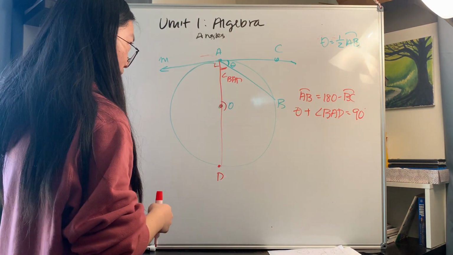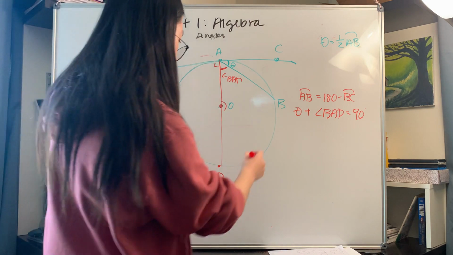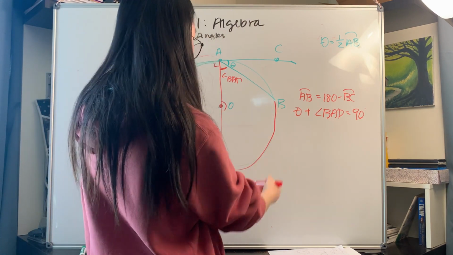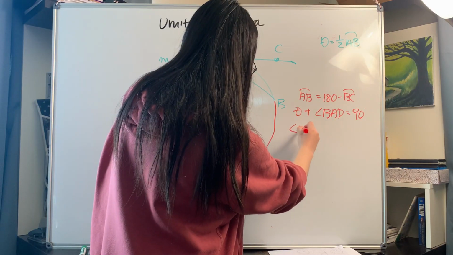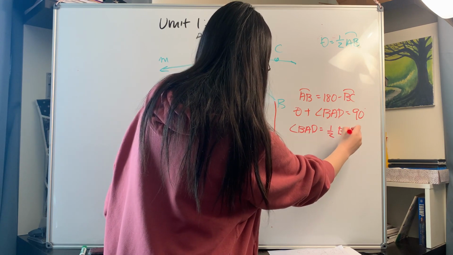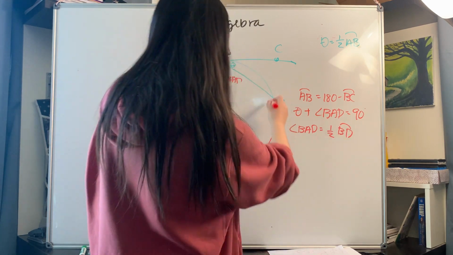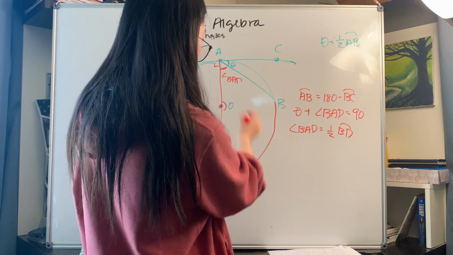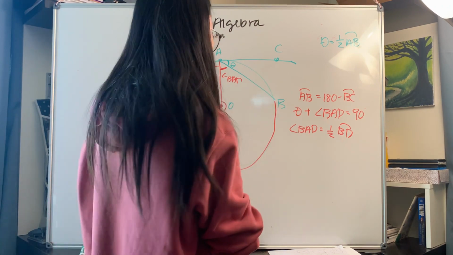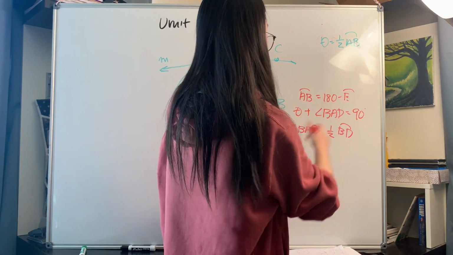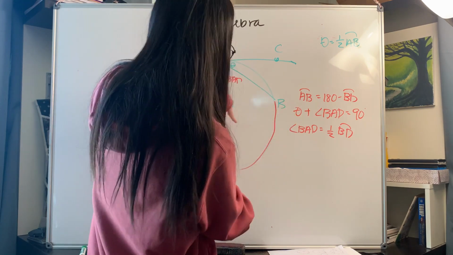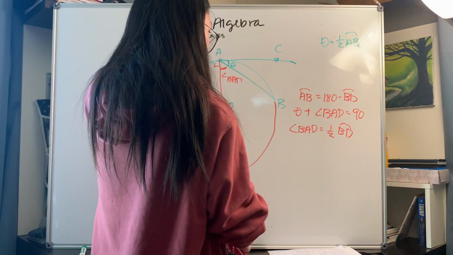And another thing that we can figure out is that angle BAD is equal to 1/2 of arc BD, right over here. Sorry, I kind of miswrote this. It's equal to 180 minus BD. Arc AB plus arc BD is equal to 180 degrees.